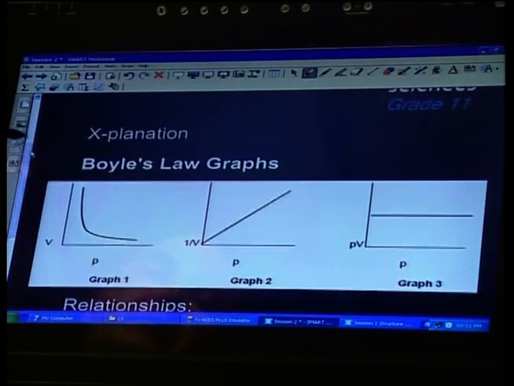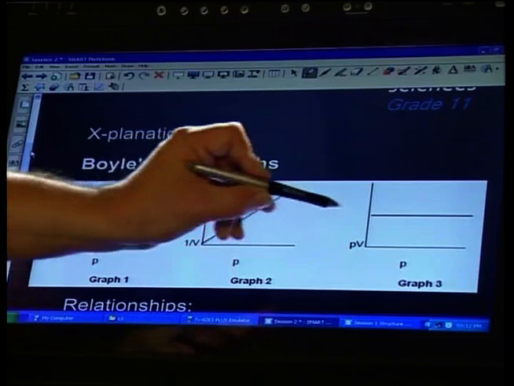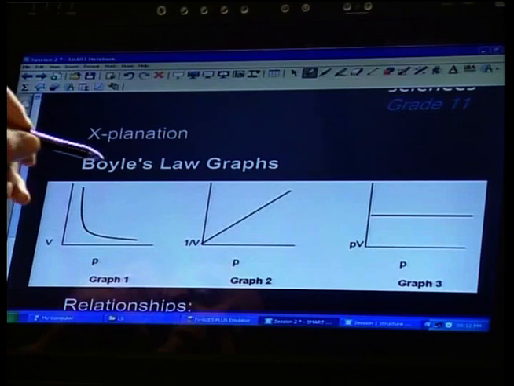Boyle's law can be represented in these two graphs, as I mentioned: V against P, or 1 over V against P. And here's the third one that I didn't talk about, but I want you to see what it's about.